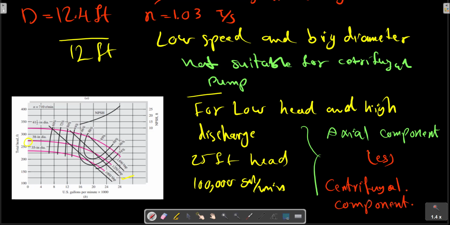The passage can be opened up to increase flow rate with very little size increase, but the drop in radial outlet velocity decreases the head produced.